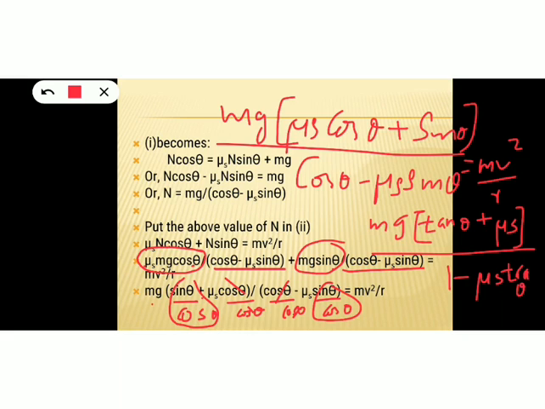Okay, that is the LHS part, and equal to mv square by r. So that is what is written in the next slide, mg into tan theta plus mu s by 1 minus mu s tan theta equal to mv square by r.